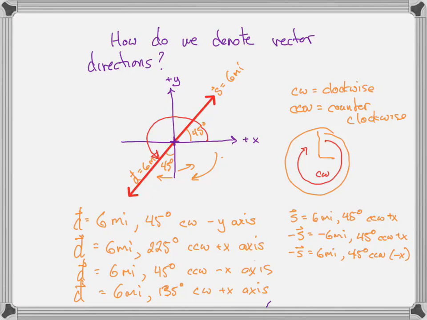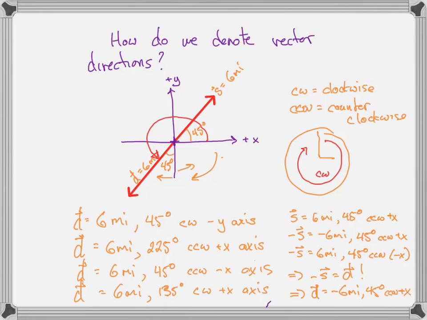So minus s is actually d. Huh. So d is minus s. So that's another way to designate the d vector, right? So if minus s is minus 6 miles, 45 degrees counterclockwise from plus x, then d is minus 6 miles, 45 degrees counterclockwise from plus x.